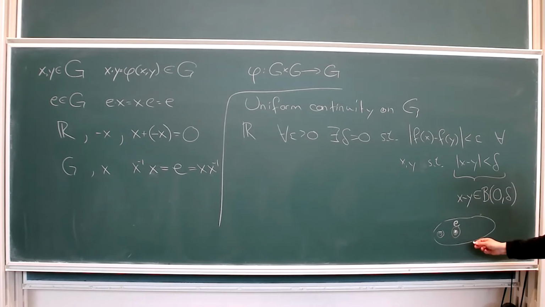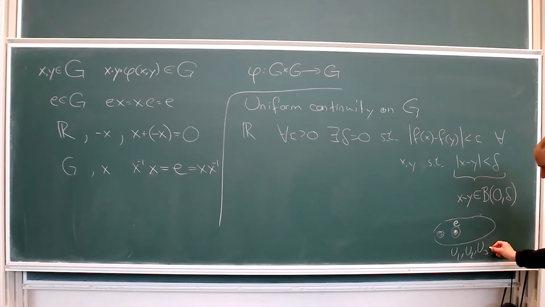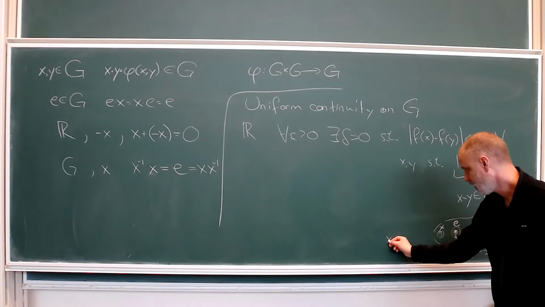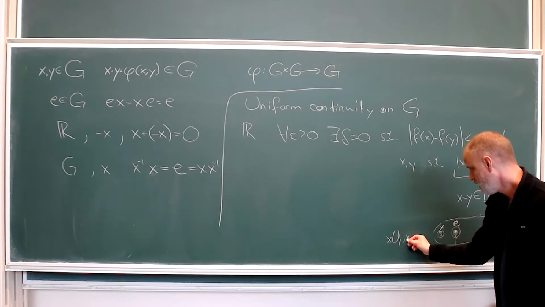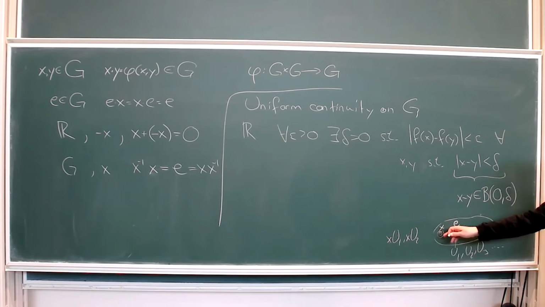Maybe they're countable, not necessarily, but let's say they are U1, U2, U3, and so on. If these are the open neighborhoods, smaller and smaller, of the identity, and this is your point X, then X U1, X U2, and so on, is just your collection of open neighborhoods of this point. All right, so that's how we build the topology here.